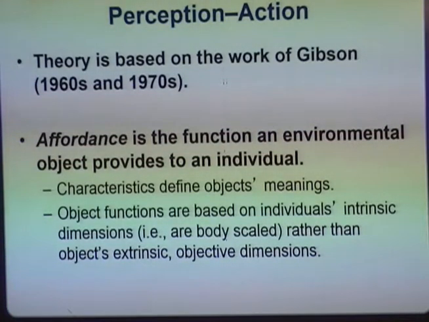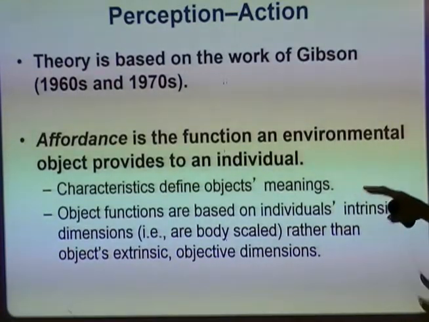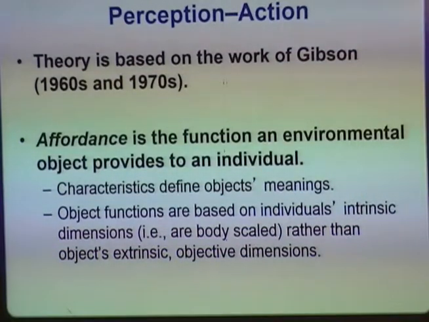And again, it's not always a cognitive perception. Sometimes it's your brain doing unconscious things. Okay. So characteristics of the things in the environment define our understanding of what we can do with them and their meanings.